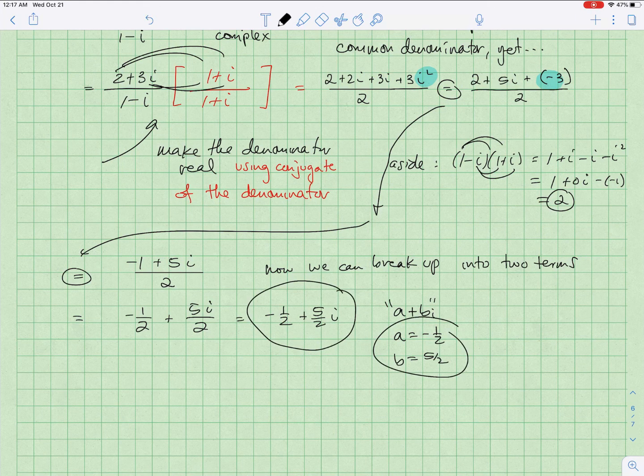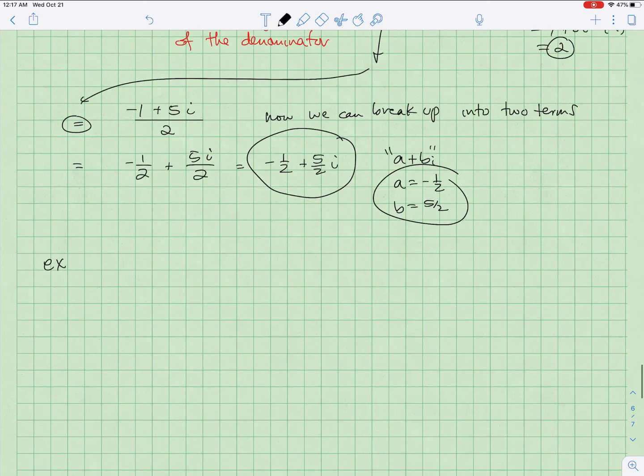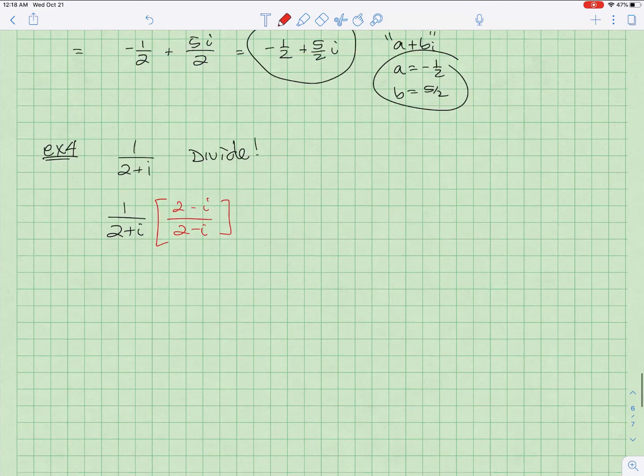So let's try a couple more real quick. Example 4: 1 over 2 plus i. Not simplify, divide. All we're going to do here is multiply top and bottom by the conjugate of the denominator, which is 2 minus i.